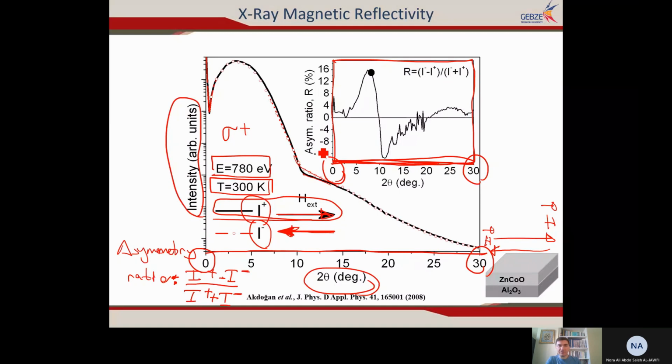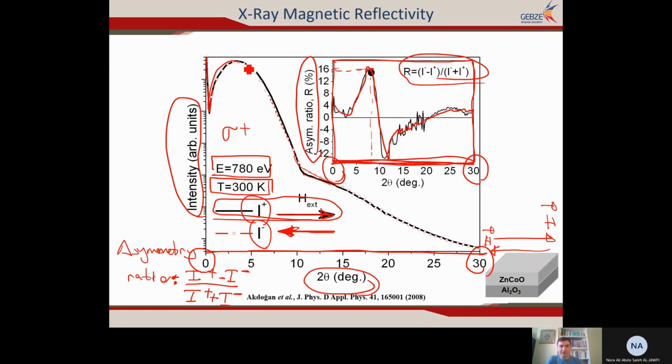Here we have asymmetry ratio, okay? We have plotted these two curves as a function of asymmetry ratio. Then what do you see here? We have this type of behavior. And you see more or less 16% difference at a certain 2 theta angle, okay?